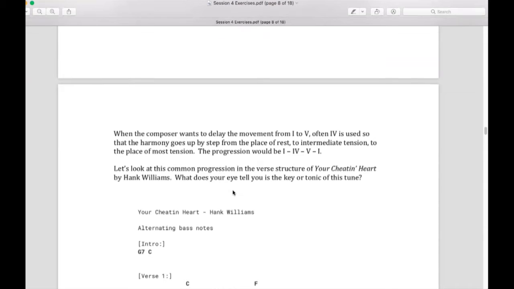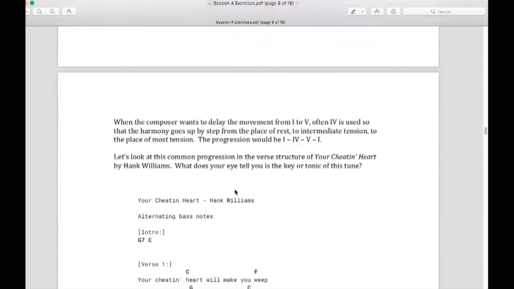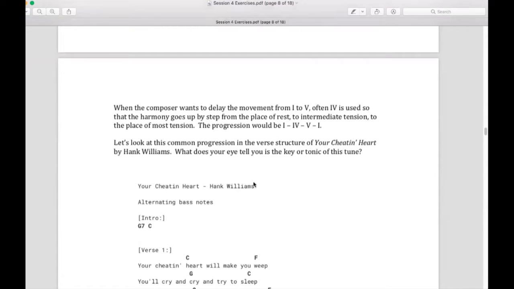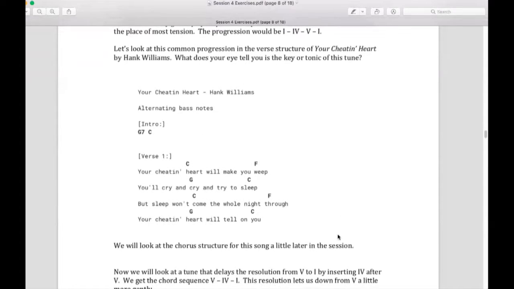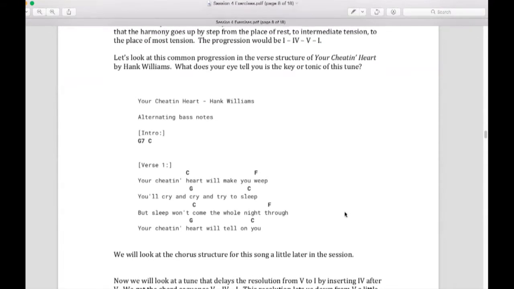So we're going to look at this common progression in the verse structure of Your Cheatin' Heart. So what does your eye tell you that the key or tonic is? Anybody? The C. I mean, you can see it right here.